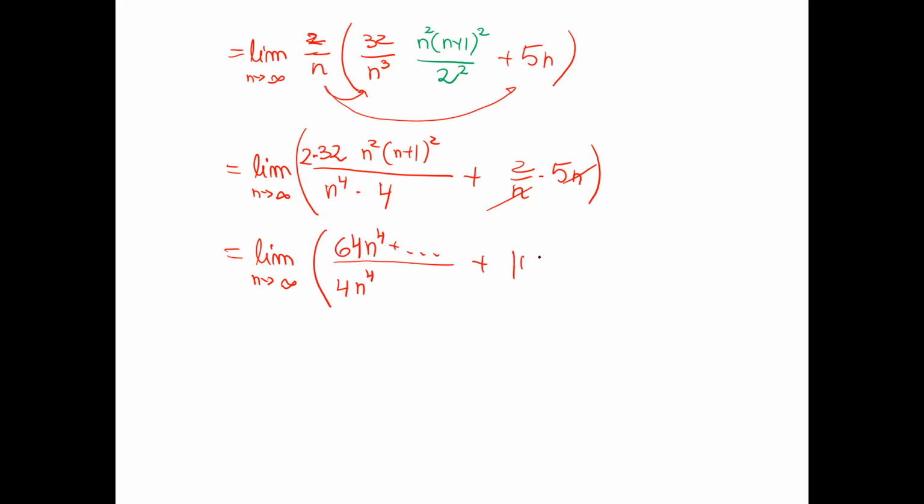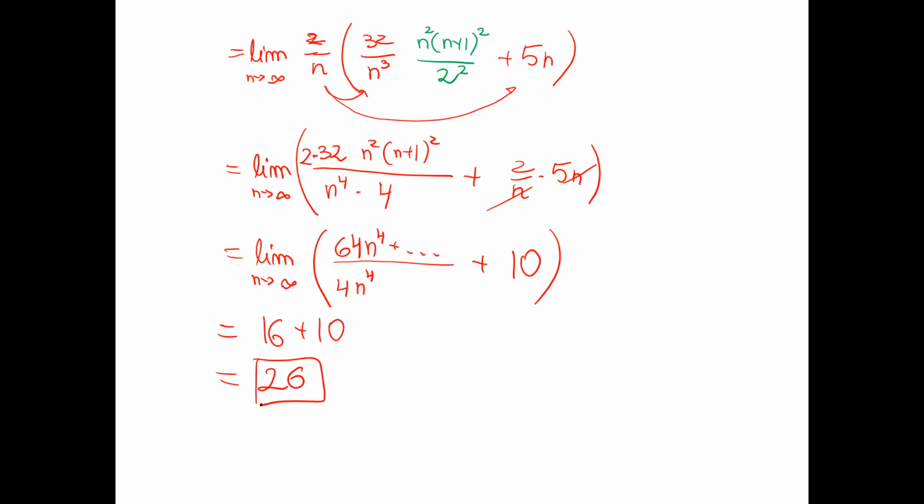Okay, and this is 2 times 5, 10. Okay, the same function, n to the power of 4 over n to the power of 4, 64 over 4. Actually, I can write 16, because 16 plus 10. The final answer is 26.